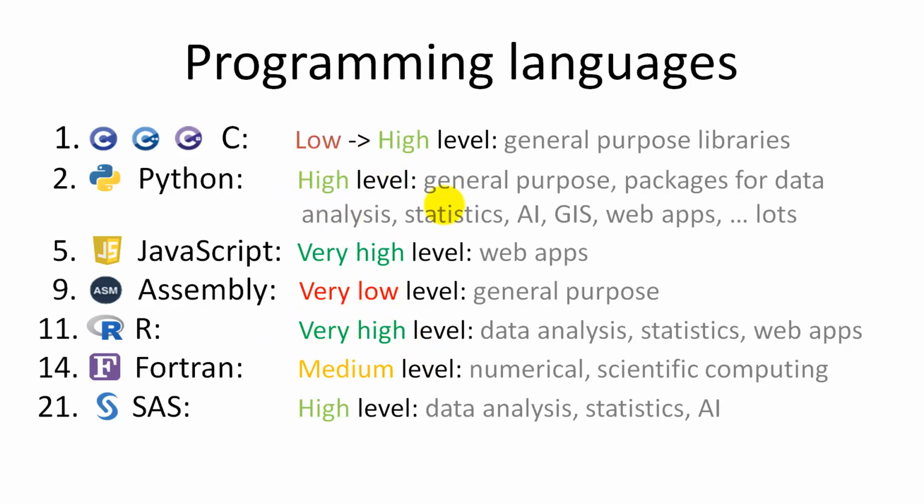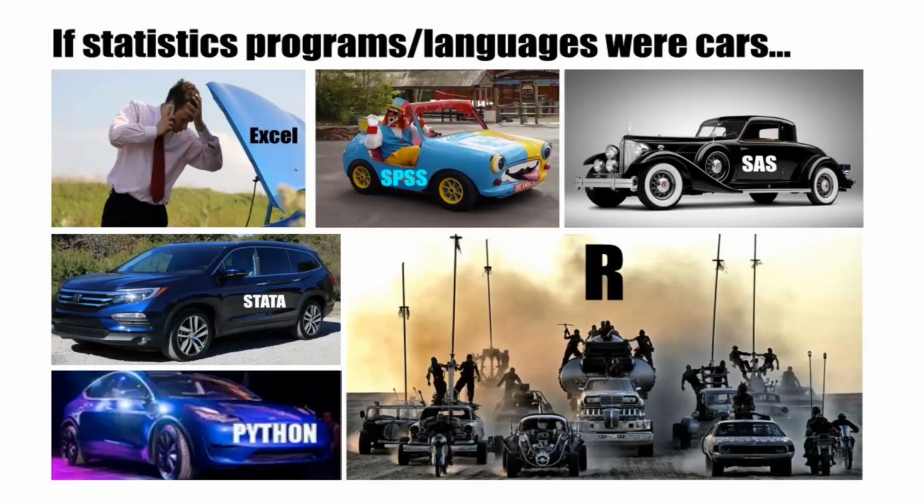Something for more advanced users would be Python. That's a more general purpose language, but it also has all the tools and packages for data analysis, statistics, artificial intelligence, machine learning, GIS. So it's just as good and flexible as R, but it's certainly easier to start with R.